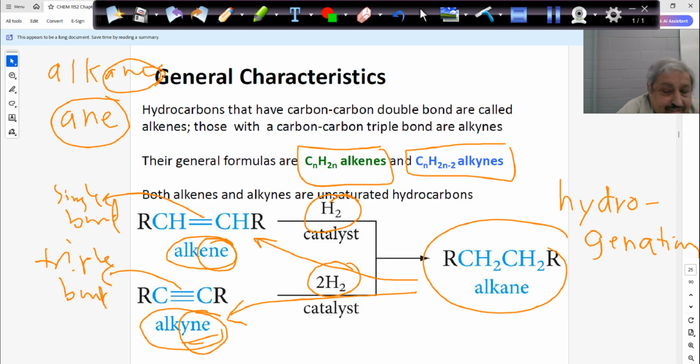Hydrogenation is breaking the double bond and the triple bond into single bond, correct? And all the single bonds in alkanes, we call them saturated hydrocarbons.